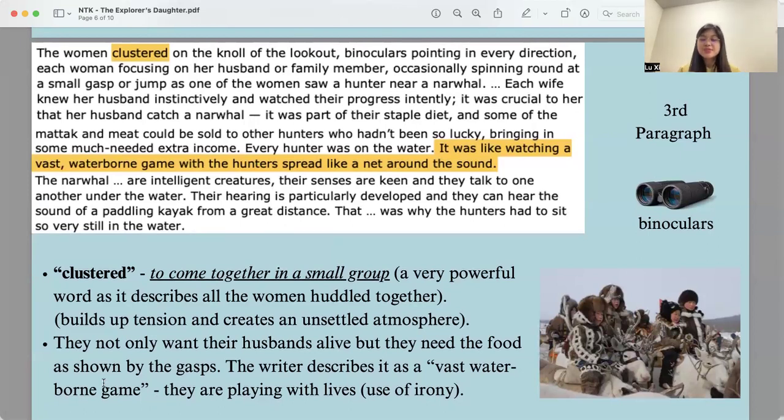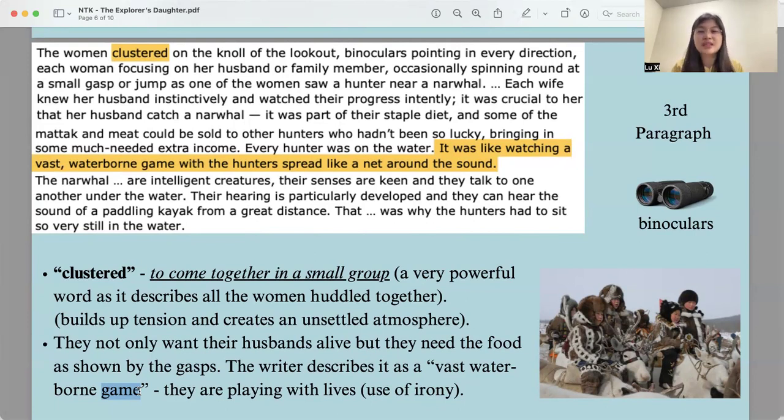You see, the job of hunting narwhal is very dangerous and perilous, but then the author described it in a very light way, saying that it's like a game. If you are saying, oh, exposing your life to danger is like a game, do you believe so? Of course not. Because it's just not a game.